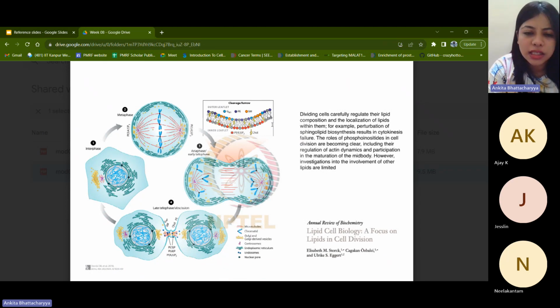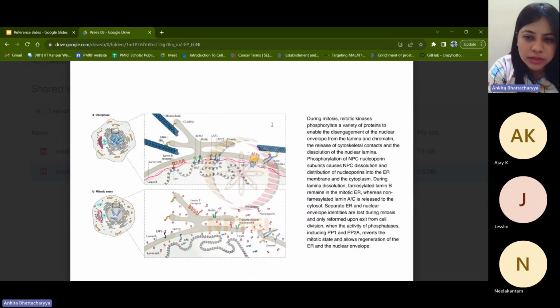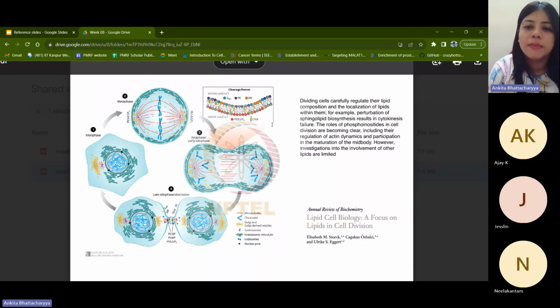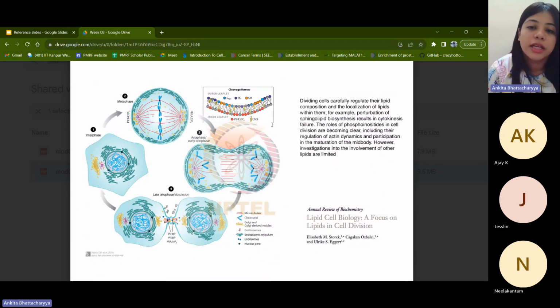Here we are seeing dividing cells. I think this was not elaborated, was it? Yeah, this was elaborated. Dividing cells regulate the lipid composition and the lipid localization within them. For example, perturbation of sphingolipid biosynthesis results in cytokinesis failure. The roles of phosphoinositides in cell division are beginning to be understood. Okay, this is not that relevant to us.